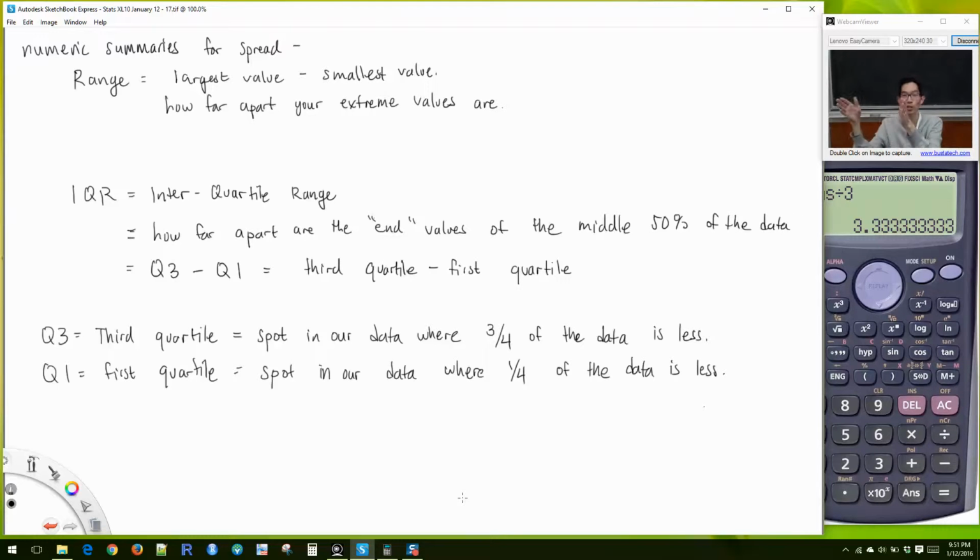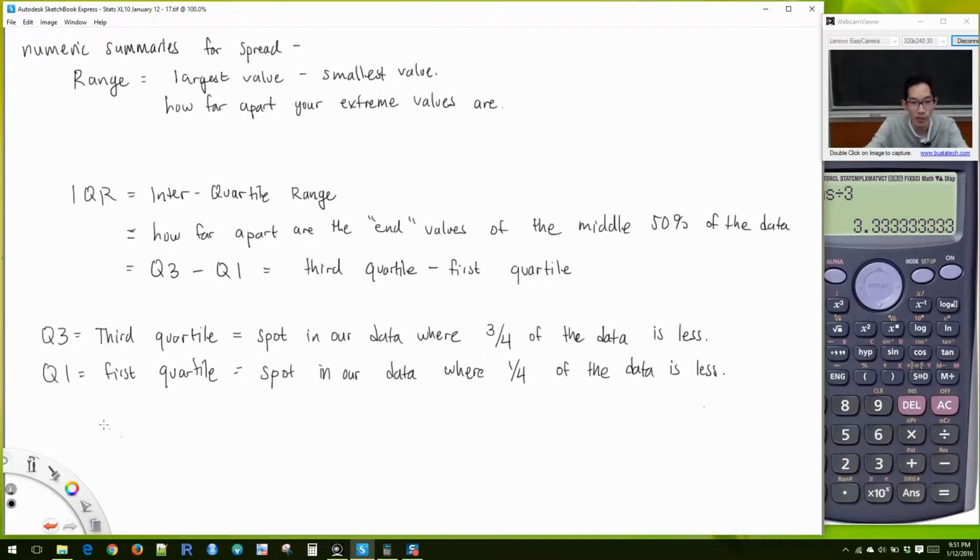And then we take the larger half and find the median, or the halfway point, of this data, and that's going to be our third quartile. So it's just the process of taking the median, but you do it 3 different times: first with the whole data set, then with the smaller half, then with the larger half, and that's going to give you Q1, the median, and Q3, or your third quartile.